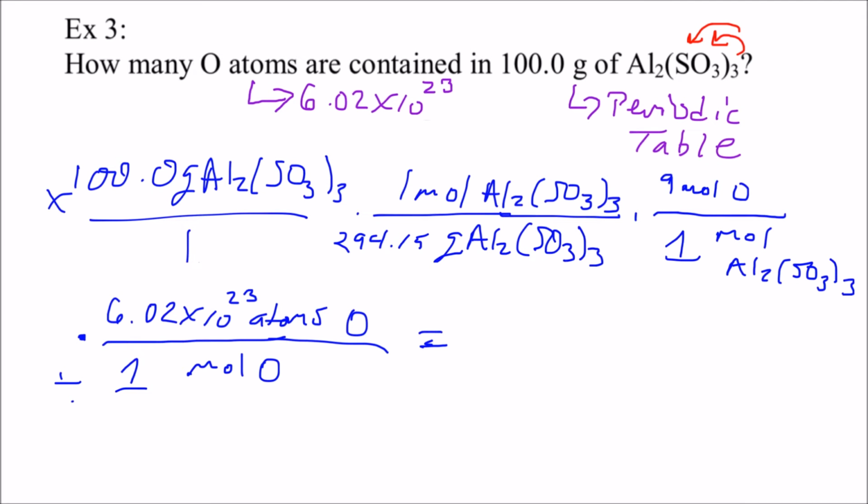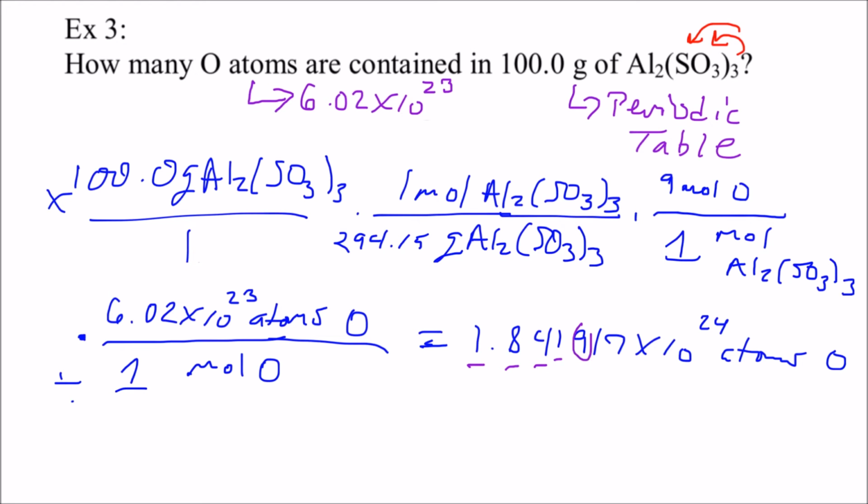Okay, I come up with 1.841917 times 10 to the 24th atoms of oxygen. And I need to pay attention to sig figs. There's a decimal here, so I start on the left. I've got 1, 2, 3, 4. 4 sig figs. So down here, we've got 1, 2, 3, 4.